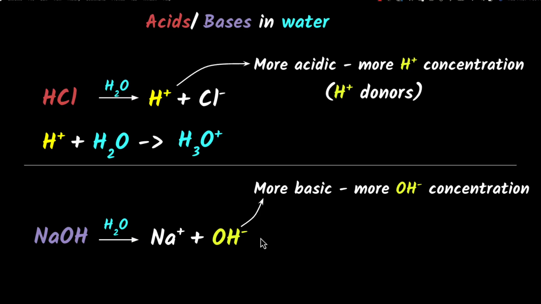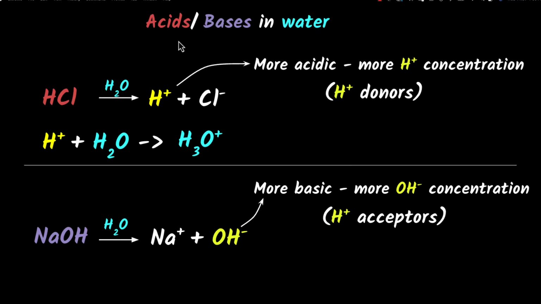And OH- ions, if they get H+ ions, can form water. That's why bases love H+ ions, and why we say they are H+ acceptors, because H+ can combine with OH- to give you water.